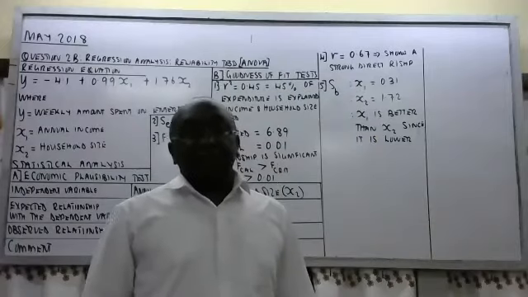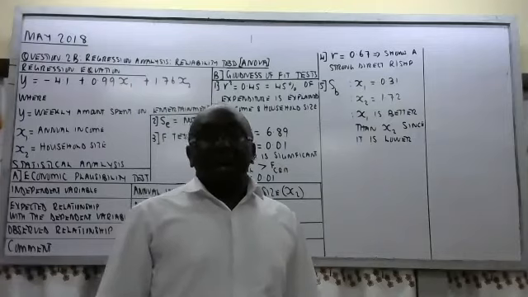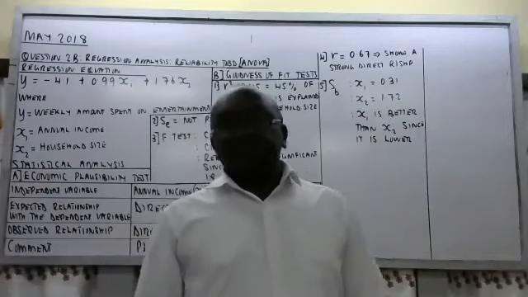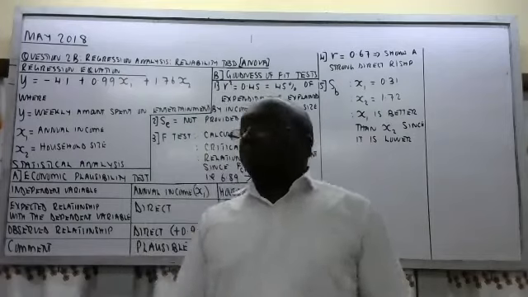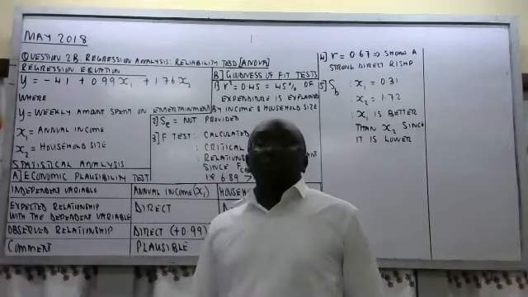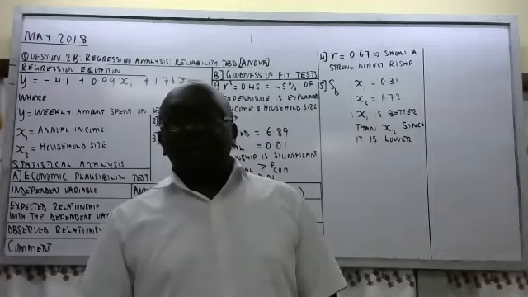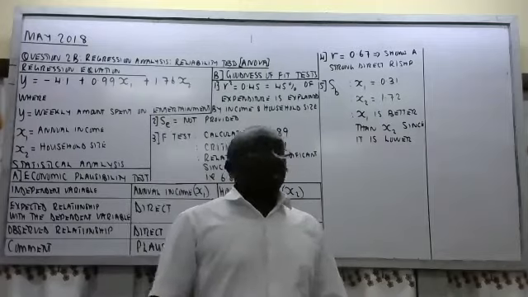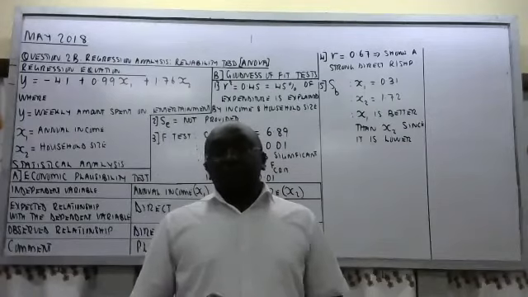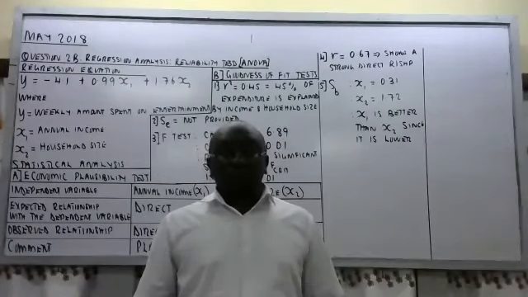really a determinant. You may find someone has 5 children, all in the primary school, and they are paying school fees of 10,000. 10,000 for the 5 children. They're in a public school.